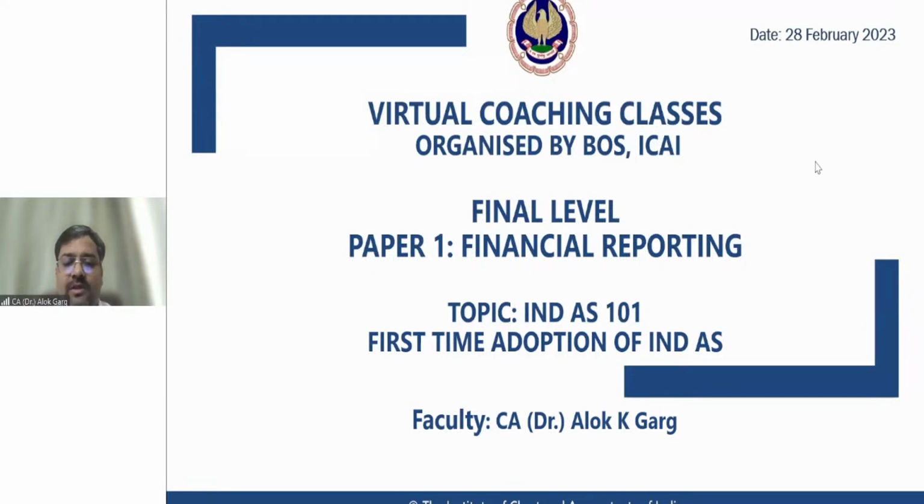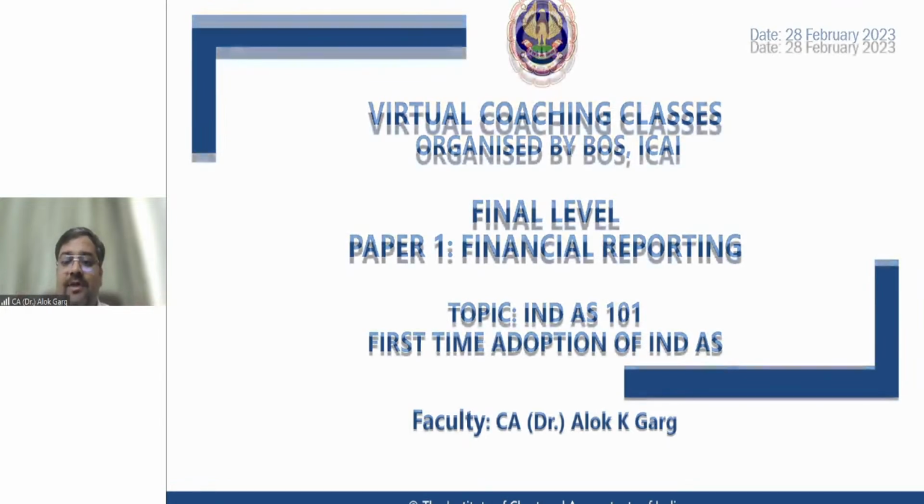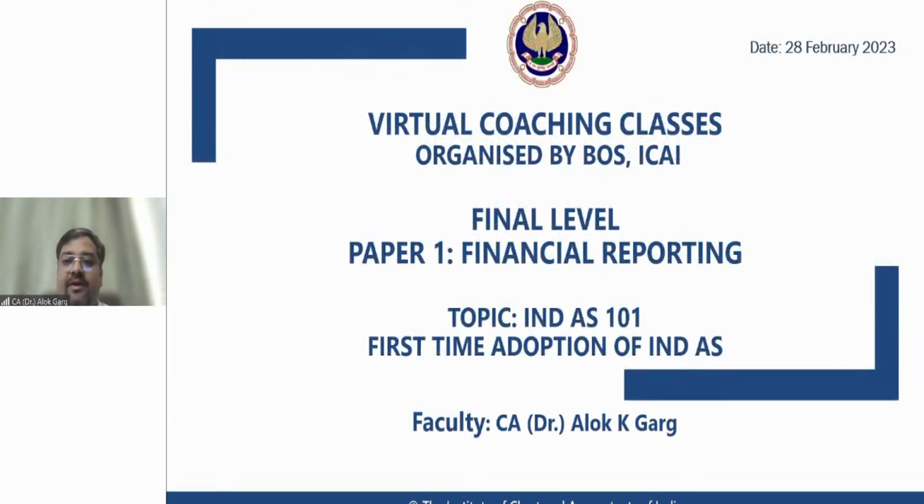It only talks about, while moving from Indian GAAP to Ind AS, what are the exemptions, what are the exceptions, what are the methods, what is the process. So what is the procedure which needs to be adopted for moving from accounting standards to Ind AS? This is the theme of this standard.